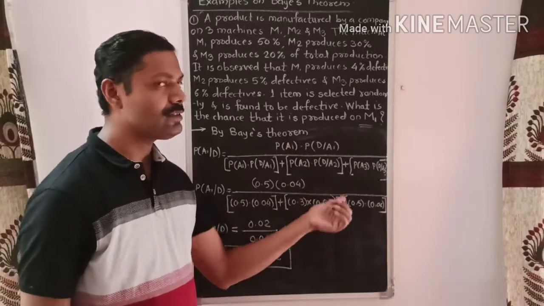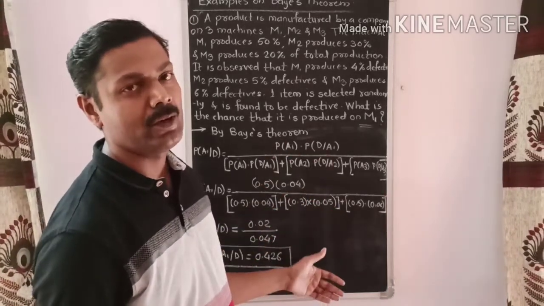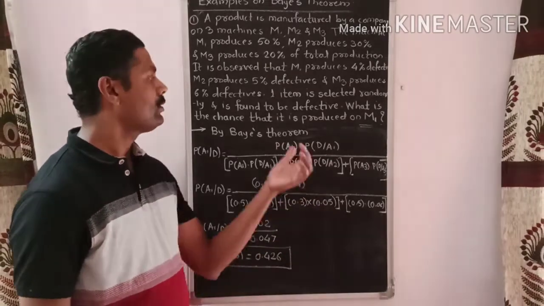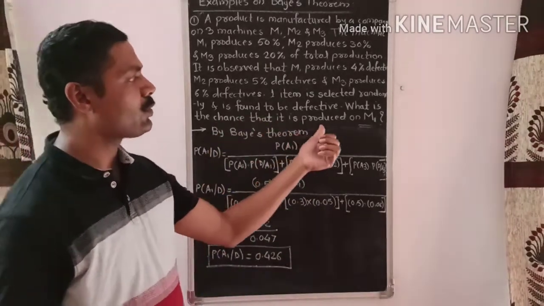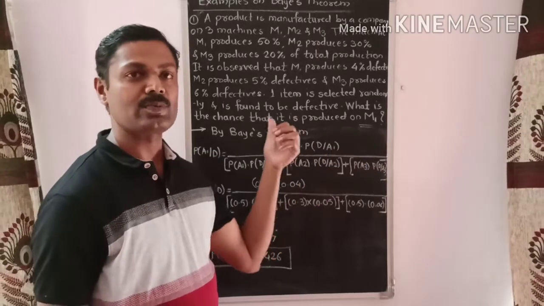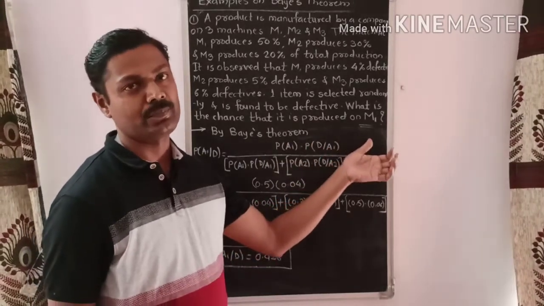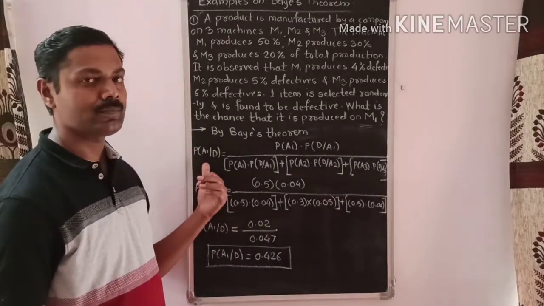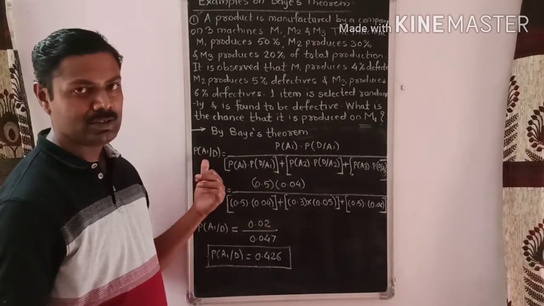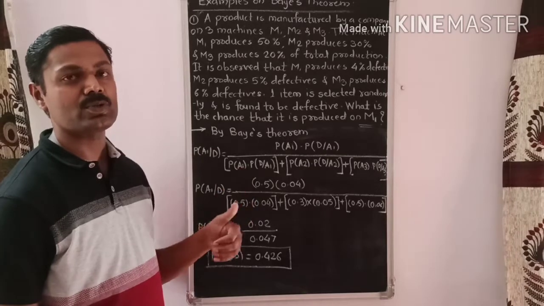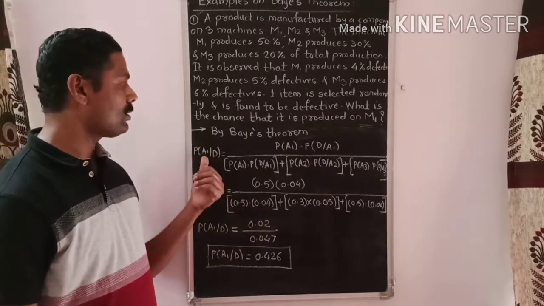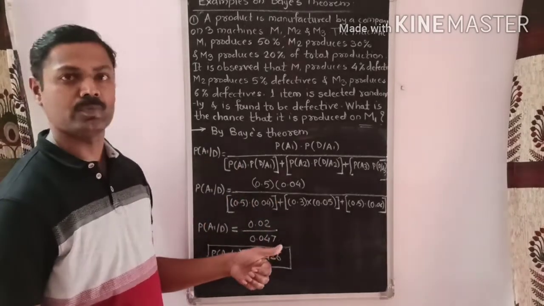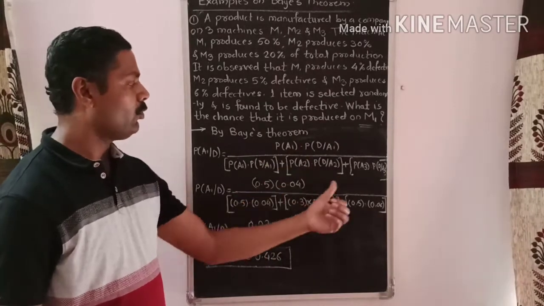In a similar way, we can calculate the chance that it is produced on machine M2 or machine M3. You just have to change the formula. Instead of A1, suppose you are going to find the chance that it is produced on M2, just replace A1 by A2 in the whole formula.